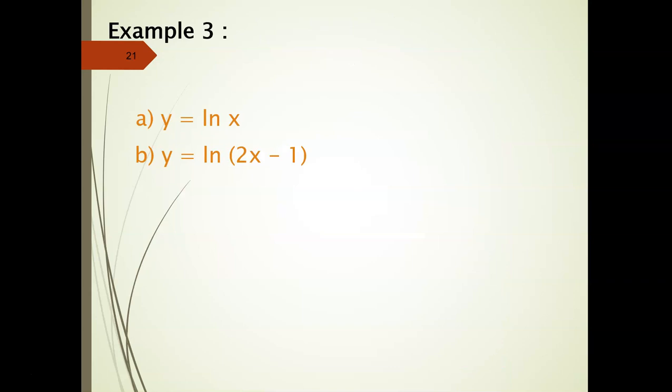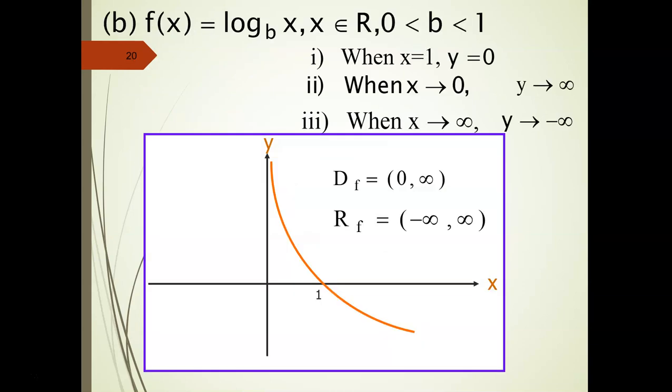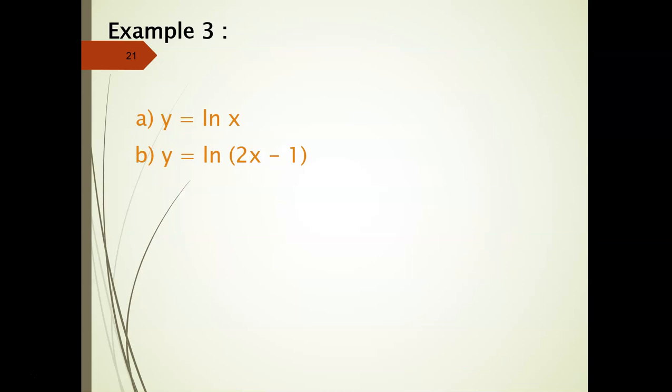Okay, so for example, y equals ln x. What is ln x in this case? How do we find this ln x? What is the definition of ln x? For everyone's information, ln actually comes from log e. ln is the logarithm function with base e.